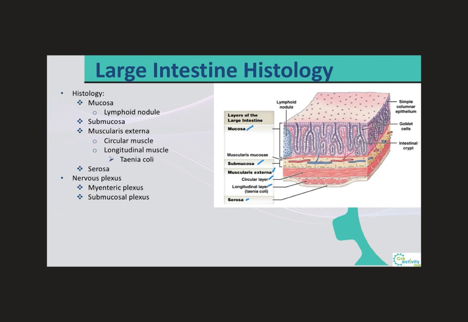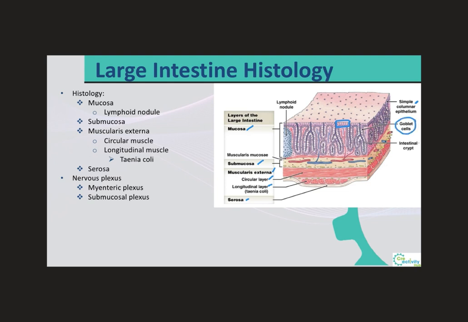So for example, there are going to be few enzyme secreting cells found in the walls of the large intestine, and there are no circular folds or villi in the large intestine. Other than in the anal canal, the mucosa of the colon is going to be simple columnar epithelium that's made mostly of enterocytes, which are the absorptive cells, and goblet cells.